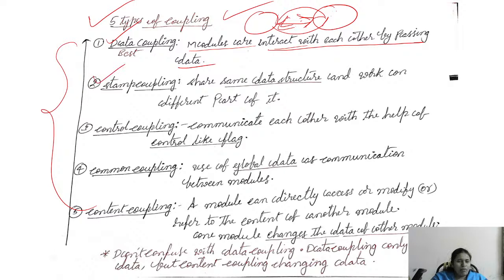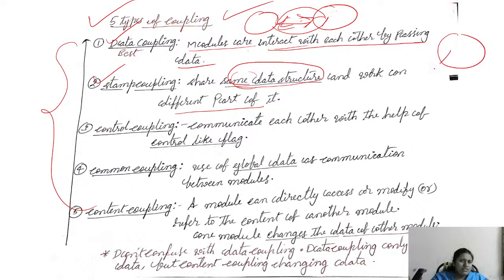Next one is stamp coupling. Modules share the same data structure and work on different parts of it. Like communicational cohesion, where they also use the same data, here they share the data.